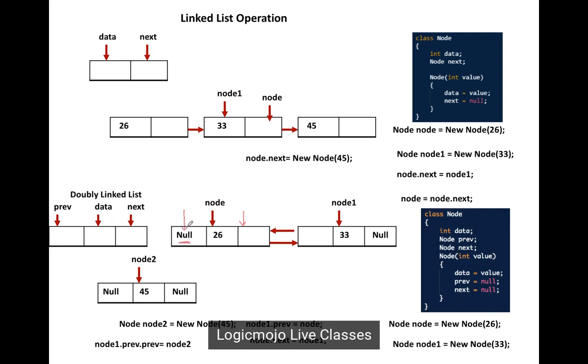So at this particular location we specify node 2, it means this reference, which is right now null, will start pointing to node 2, that is this particular node. So now after this instruction, node 1 dot previous dot previous will start pointing to this node 2. So that's how some of the basic operations happen in linked list and doubly linked list.